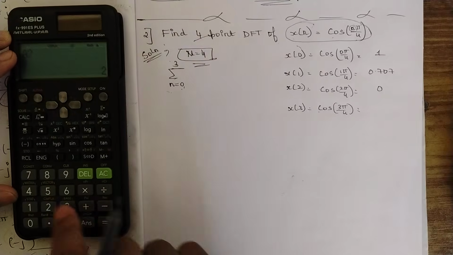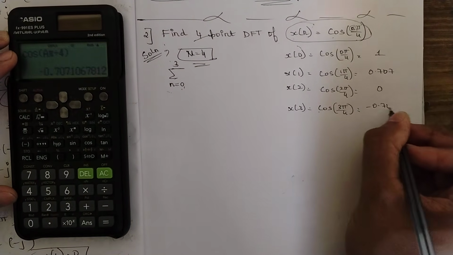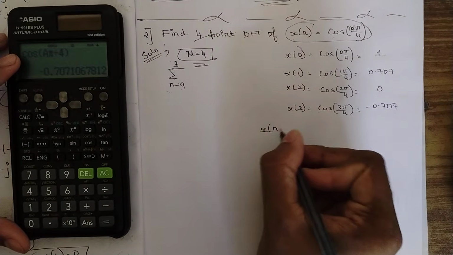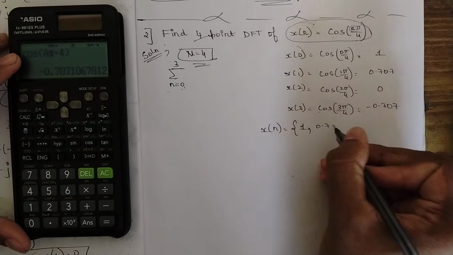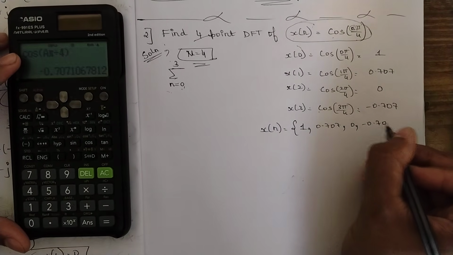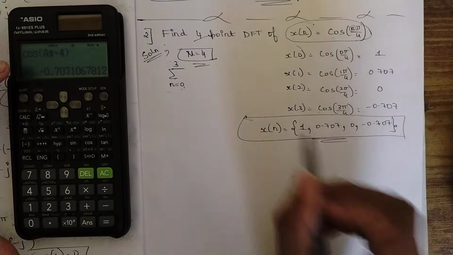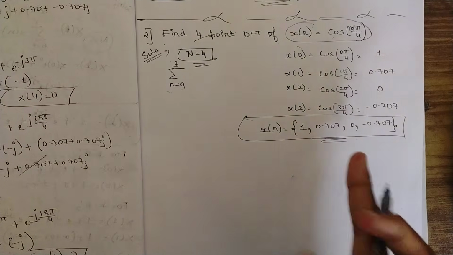The next value is 3, minus 0.707. Like this we got all the values. Put them in the separate sequence of x of n, that is 1, 0.707, 0, minus 0.707. Like this you should first find the input sequence x of n in order to find the DFT. So now we got the sequence.